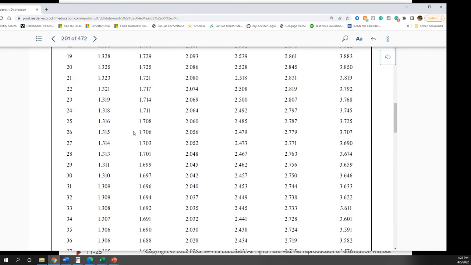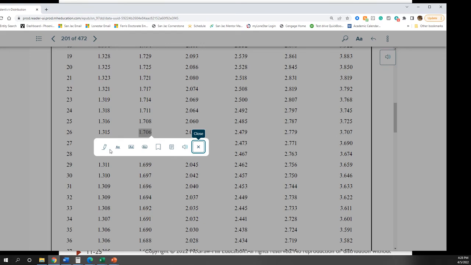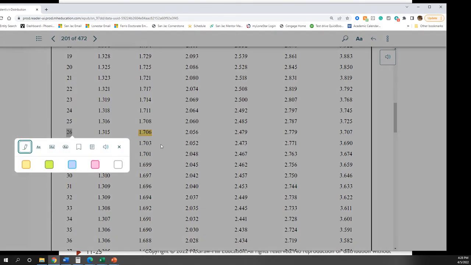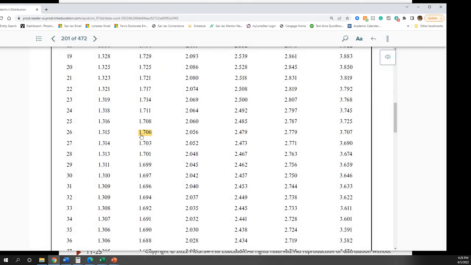Yeah, we already calculated degrees of freedom, sorry. For some reason, I'm thinking of the old one. Never mind. Degrees of freedom was 26. It's like that whole degrees of freedom formula kind of got your professor a little bit. But anyway, our degrees of freedom was 26 at the 0.05 is 1.706.